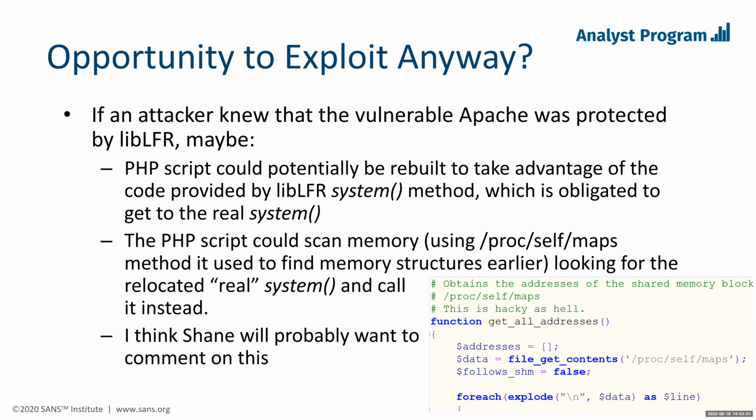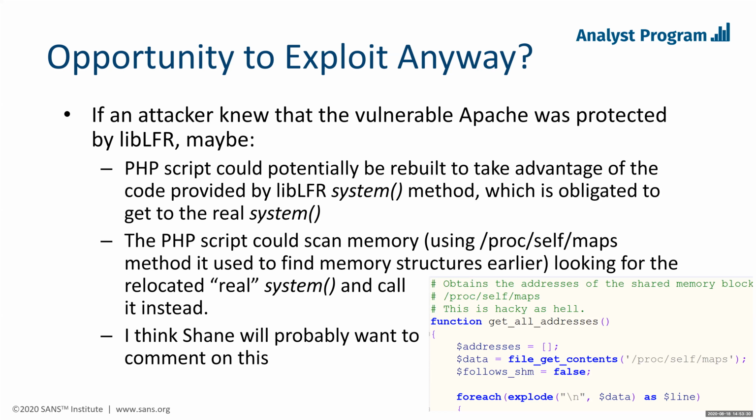And that specific location is determined at runtime. But with this use after free, could it say, okay, I'm going to first detect that this is liblfr protected as opposed to non-liblfr protected, and then implement a different technique to attack this? Maybe. I didn't try to develop that, but that's maybe a scenario.